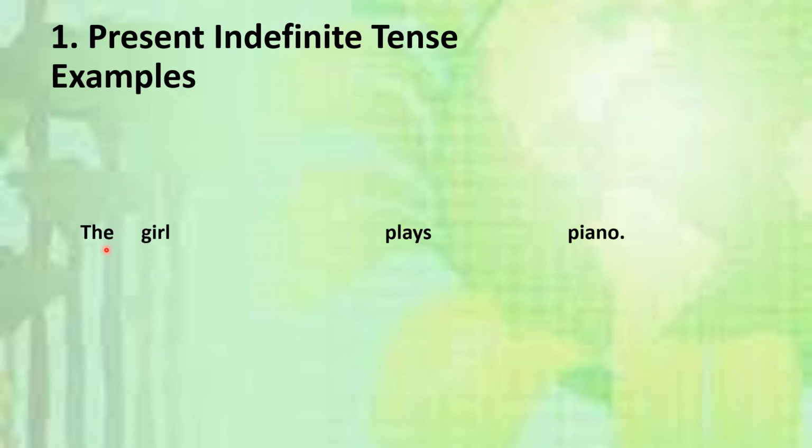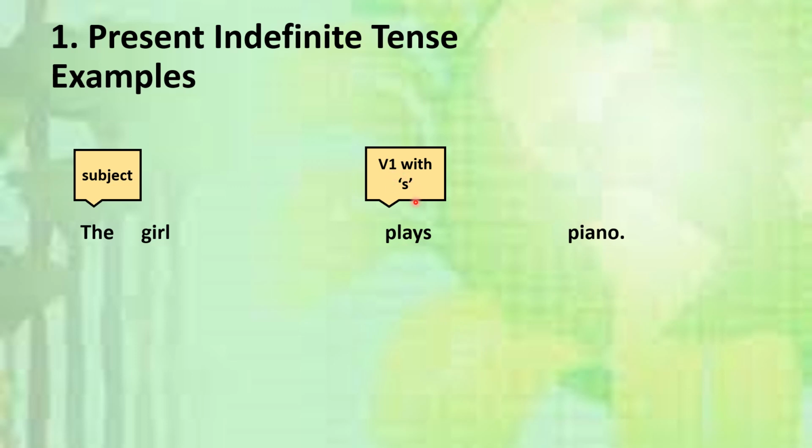This is the first one. The girl plays piano. In this sentence, the girl is our singular subject. That is why we have added s with the first form of the verb in our affirmative sentence. And piano here is our object.